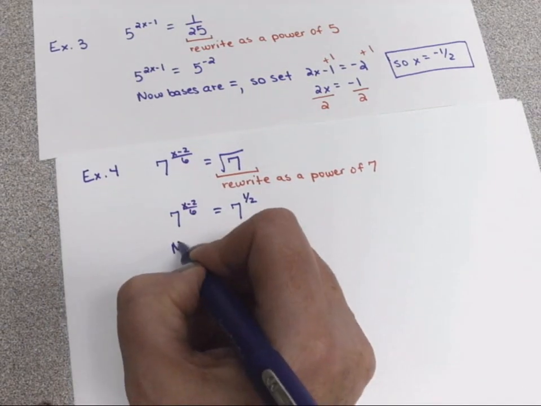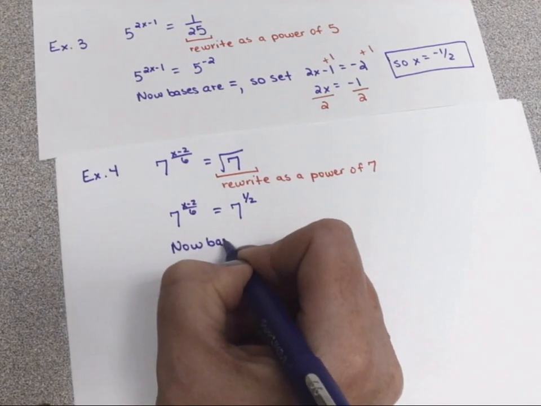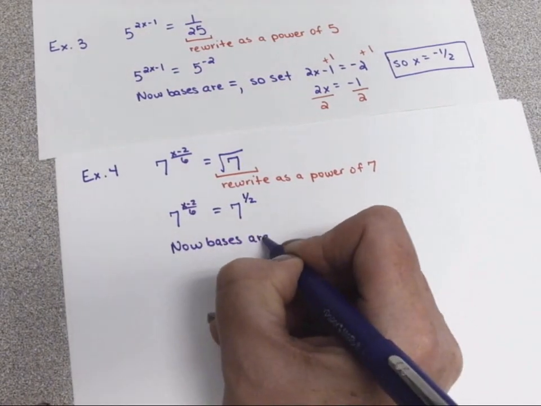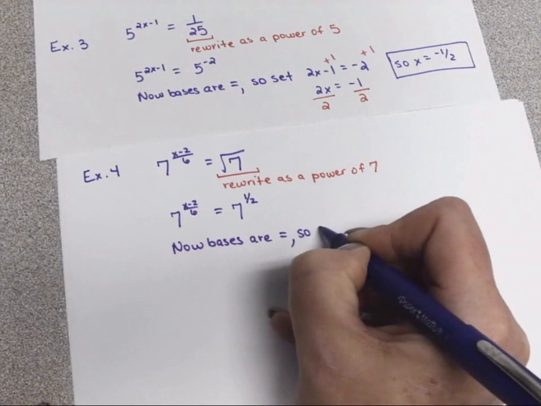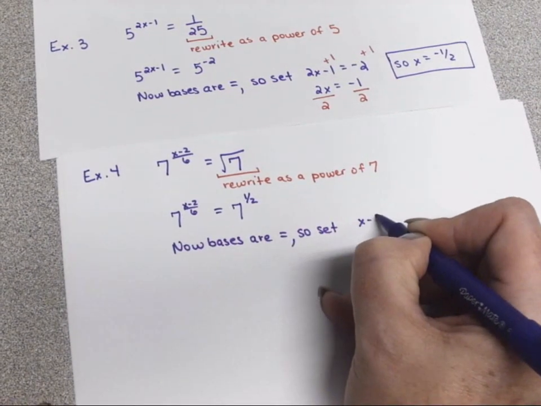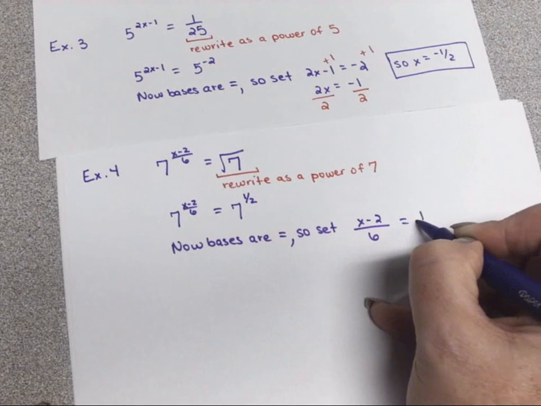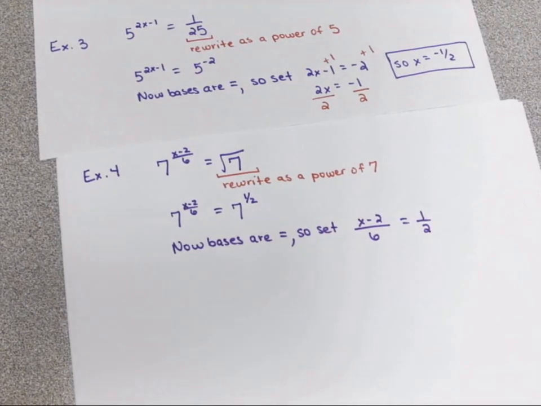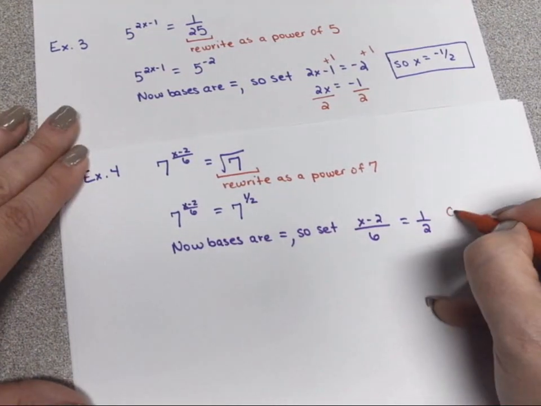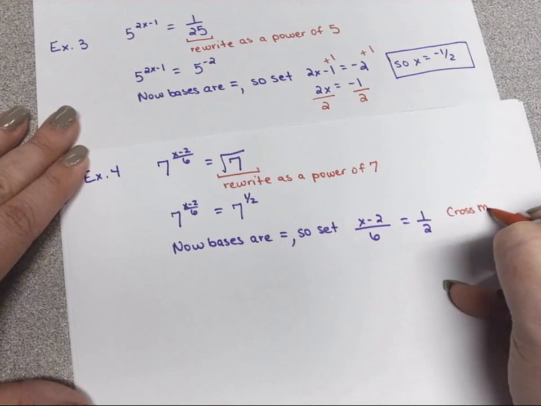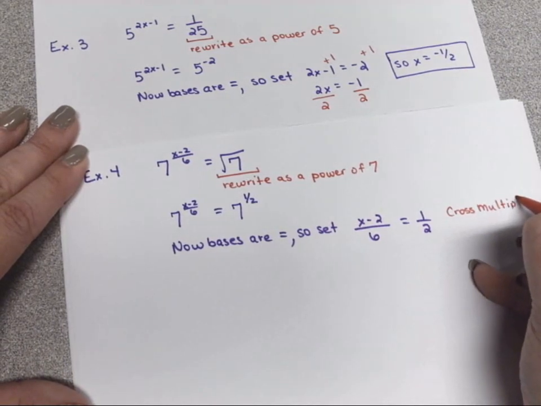Notice now my bases are equal just like before. So I'm going to set x minus 2 over 6 equal to 1/2. If you're not sure what to do here, when you have a fraction equal to another fraction, you can cross multiply to get it out of fraction form.